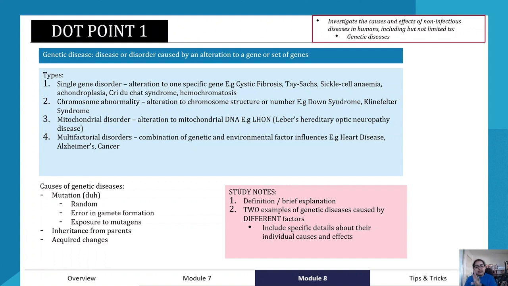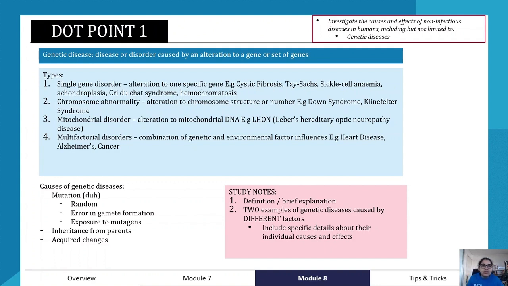So causes of genetic disease, of course, mutations. This bit is linking very strongly back to module 6. It's a cross-module thing. One thing you'll notice in the HSC papers is that your higher order questions, your 8, 9, 10, 11, 12 markers, are going to be cross-module to some extent.